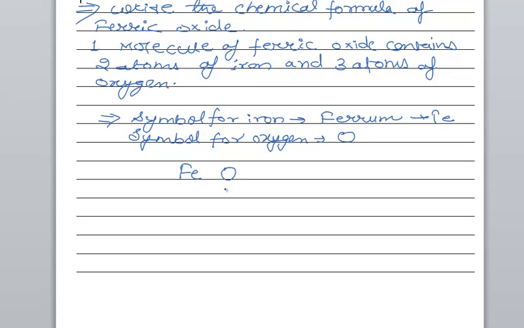How many atoms of iron are there? 2. Put the subscript 2. How many atoms of oxygen are there? 3. Put the subscript 3. So what will be the formula of ferric oxide? It is Fe2O3. Now if I have to write 4 molecules of ferric oxide, what will I write? 4Fe2O3. Right?